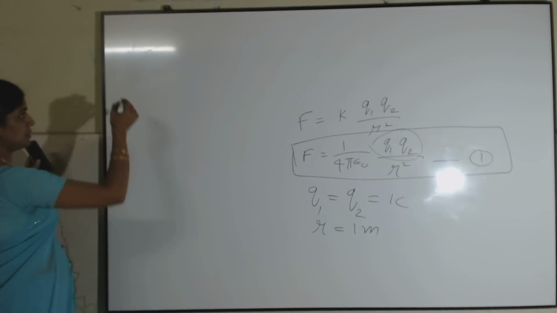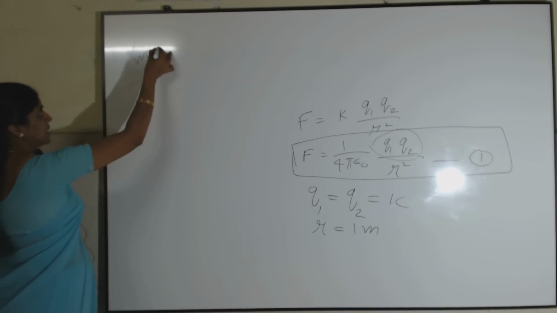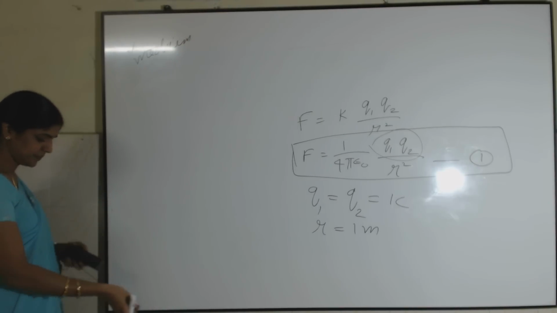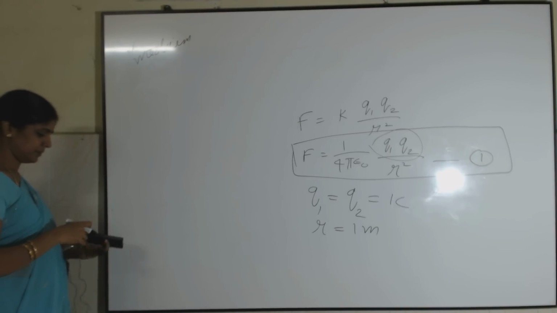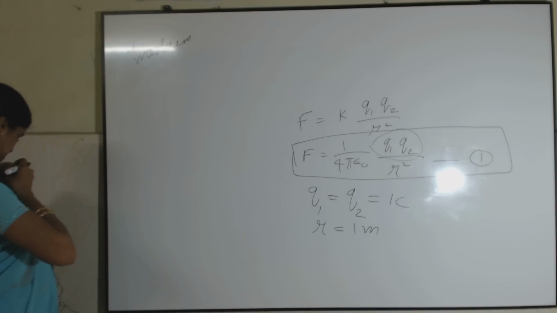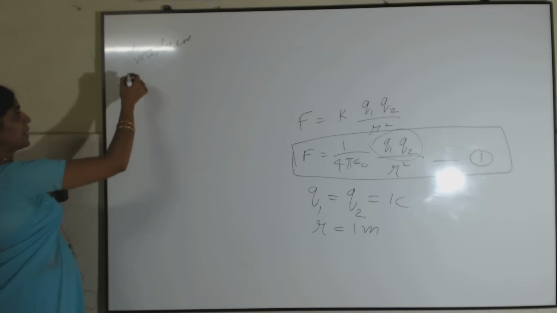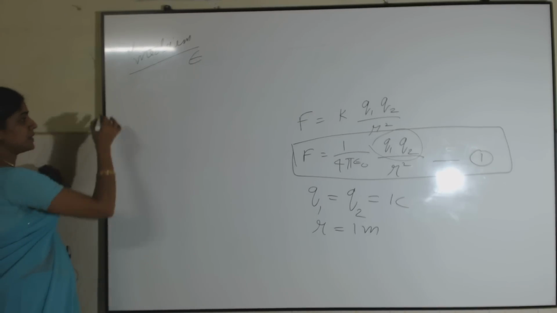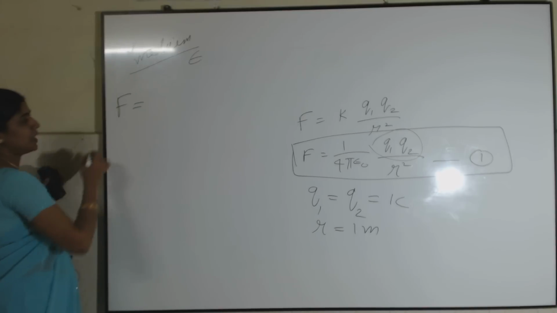Now where are the charges situated? They are placed in a medium of permittivity epsilon. What happens to the Coulomb's law?